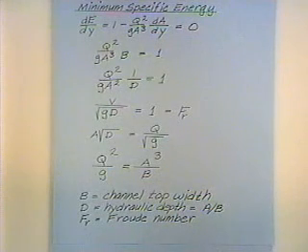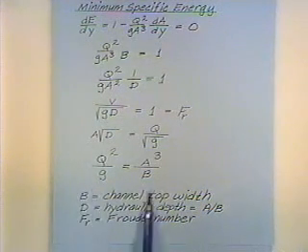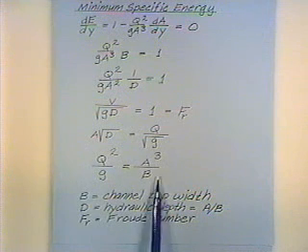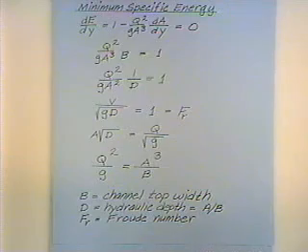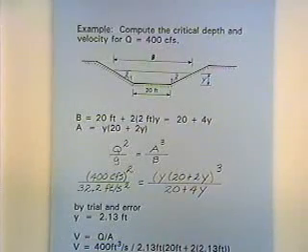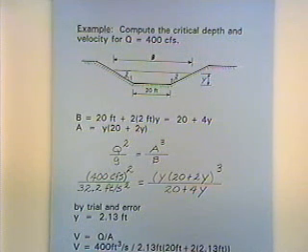And so what I'm planning for us to do now is just take this basic equation, and that equation is valid for the condition in which critical flow is occurring. In this example, we're saying compute the critical depth and velocity for Q equal to 400 cubic feet per second.